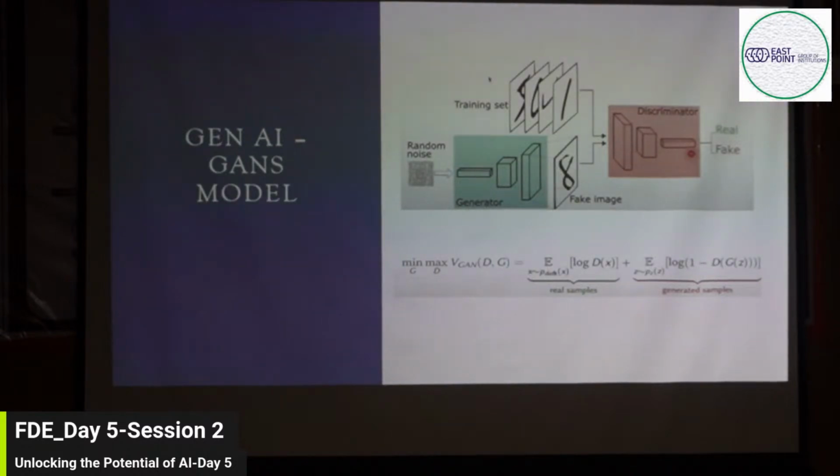Now what happens if there is a wrong prediction here? That goes back here as input to the generator. So you keep training, keep sending data, keep training, keep training. At some point, what will happen? The outcome of the generator will start matching the real images you're going to send in.